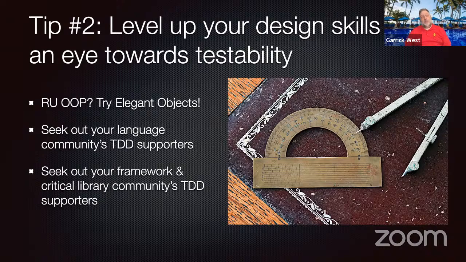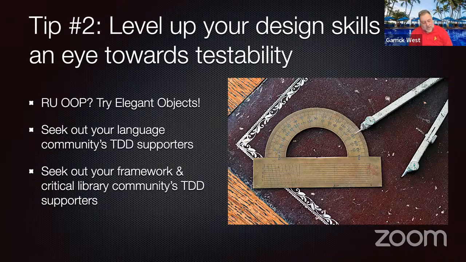Personally, I like the first volume more so than the second, but there are a lot of things that kind of push OO away from what a lot of people think about as bad OO concepts of, oh, I'm going to have this class hierarchy and that'll solve all my problems, which, by the way, is a horrible thing. But Elegant Objects pushes things more towards functional approaches in terms of testability, statelessness, returning new objects, getting good encapsulation.